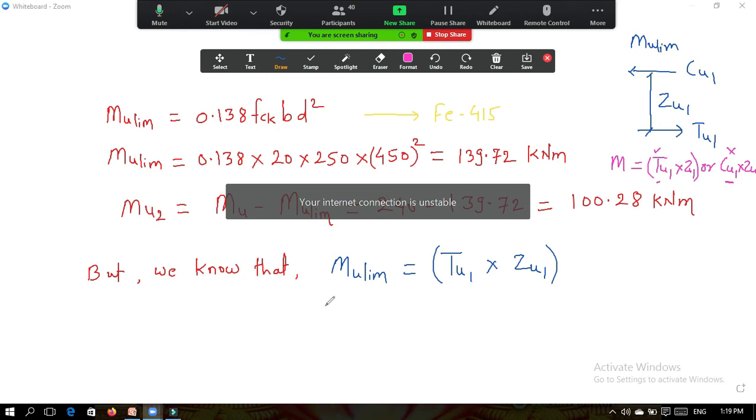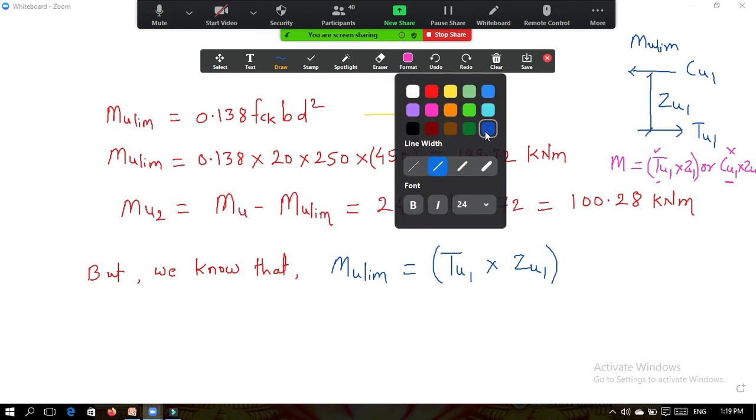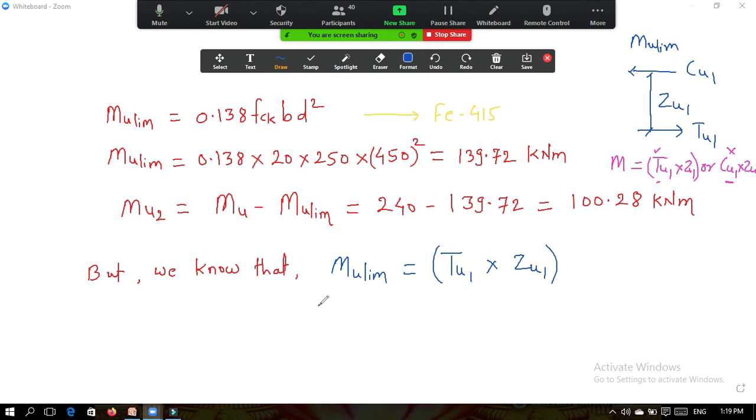So now if I write further, I will get Mu limiting. What is the value of Mu limiting? It is 139.72 into 10 raised to 6, which must be equal to Tu1 Zu1, that is 0.87 Fy Ast1 into bracket d minus 0.42 Xu.